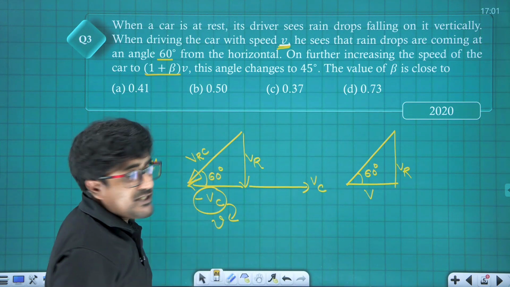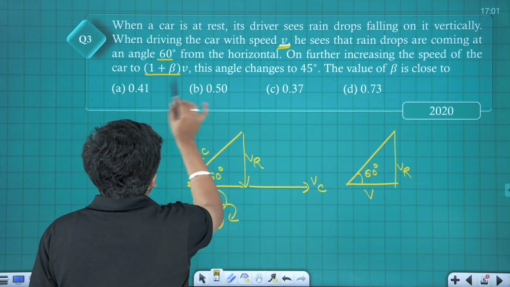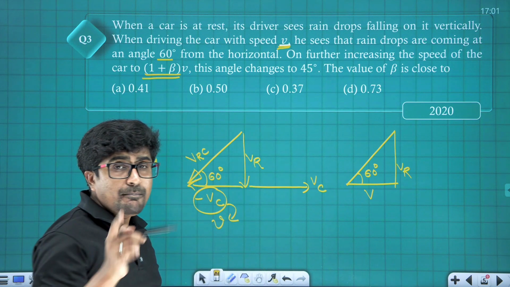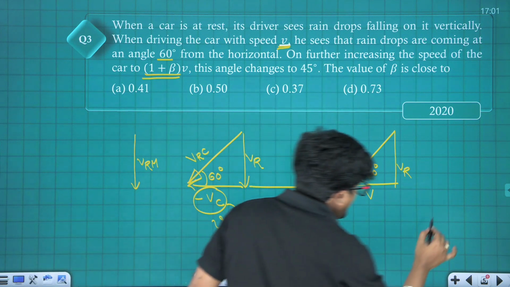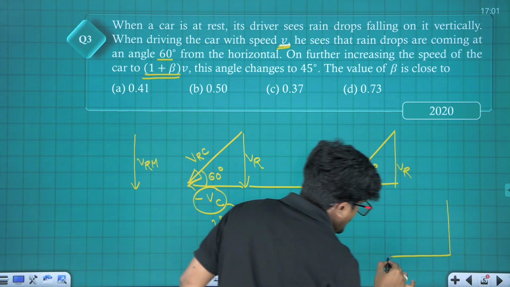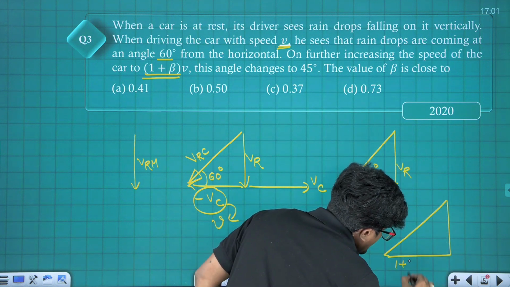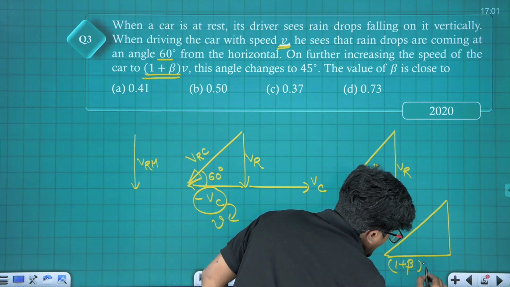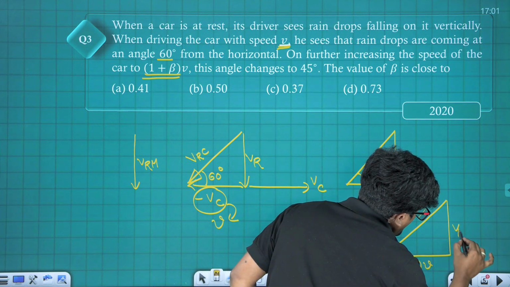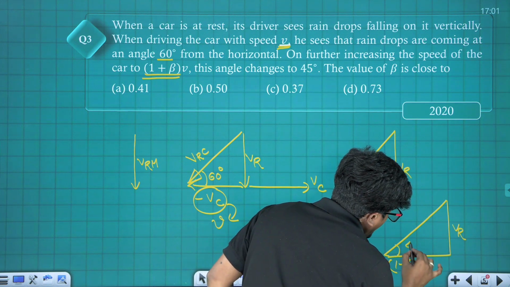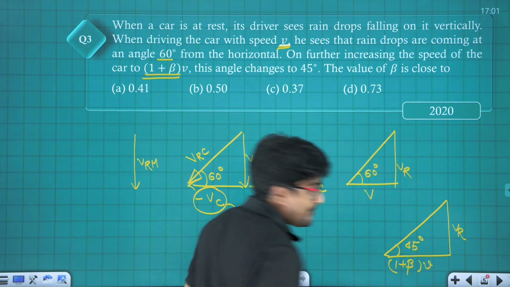Now the next condition, the V got changed to 1 plus beta times V. So now it is 1 plus beta times V, and here this is VR, and this angle got 45 degrees.